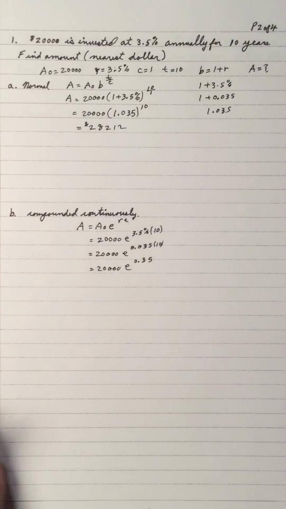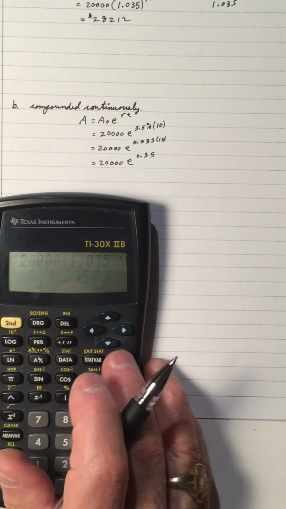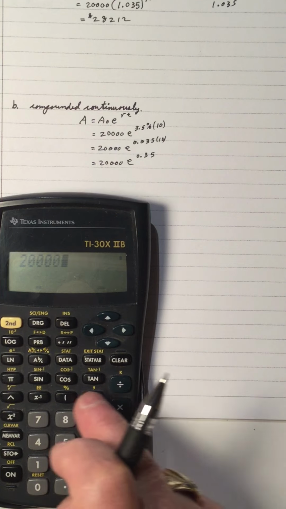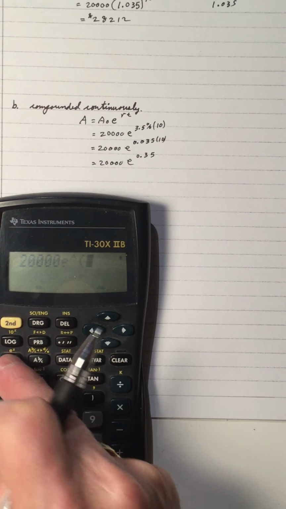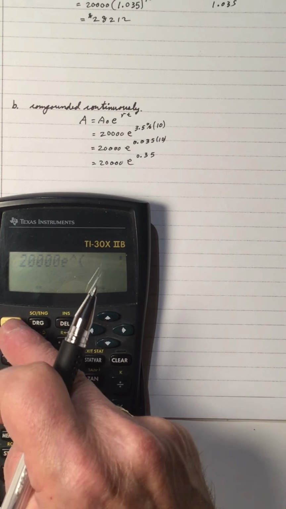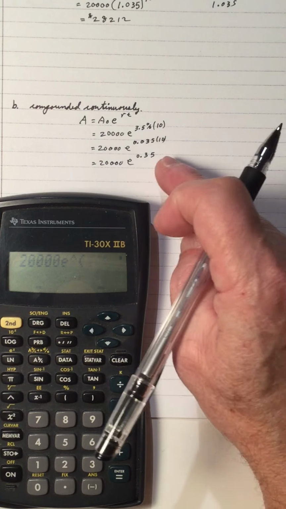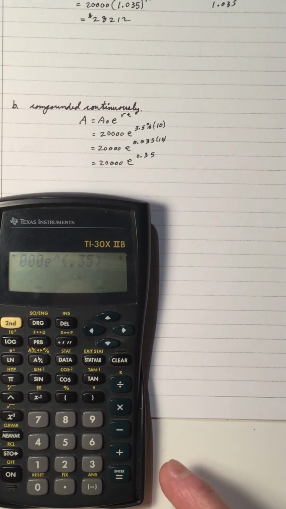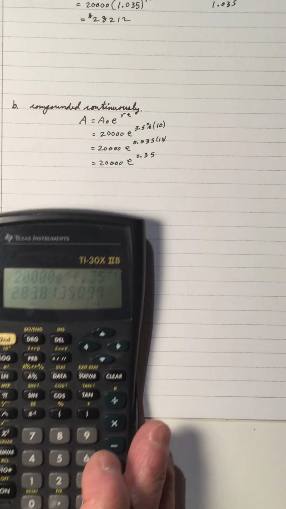And we use our calculator on this one now. I'm going to move the page up so you can see me using the calculator. E is second function ln on most calculators. Make sure you know where it is, and we're raising it to the 0.35 power, and it gives us 28381.